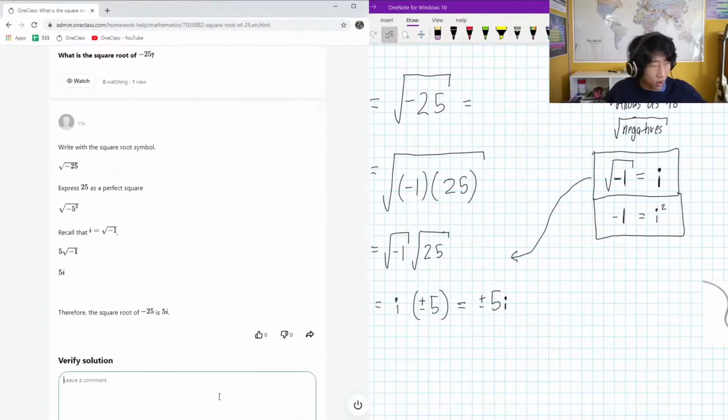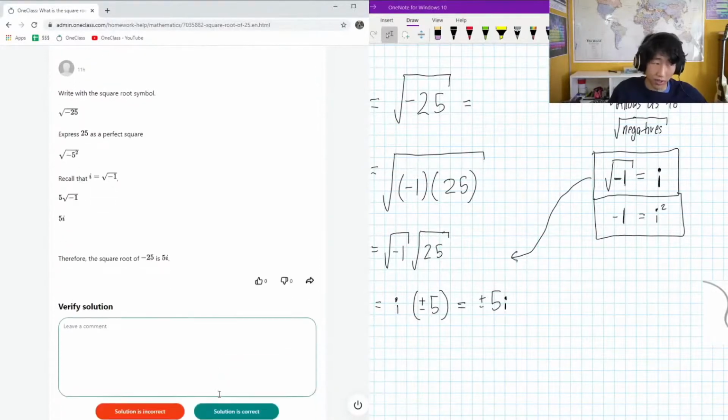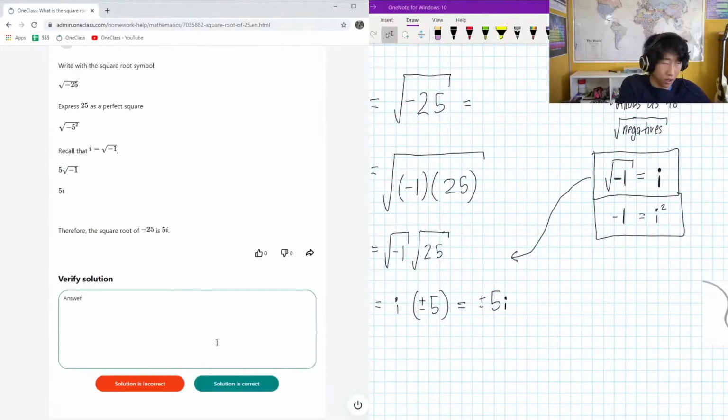Okay, so the above solution, negative 5i would also be a possible answer. So the answer should be plus minus 5i.